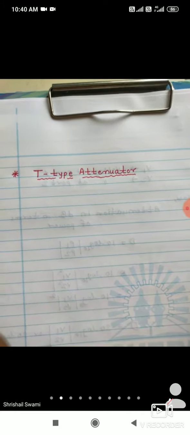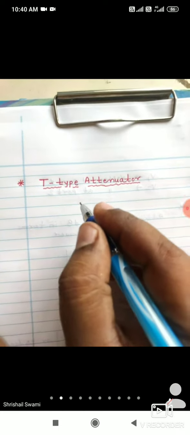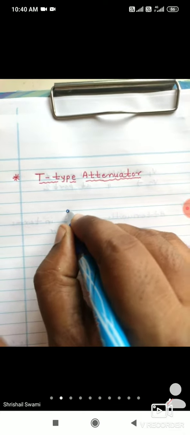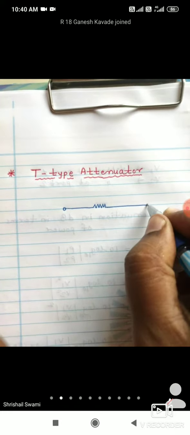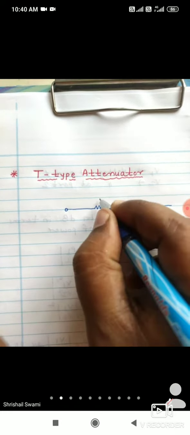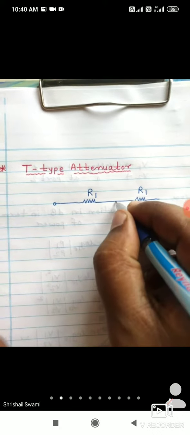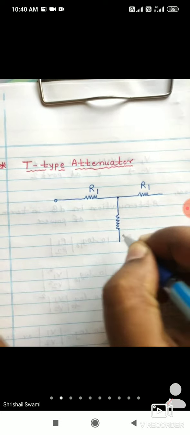So we will start with the first one, that is the T type attenuator. First of all, I will draw the T type attenuator. It looks like a T, where the series arm consists of resistor R1 and the shunt arm or parallel arm consists of resistor R2.